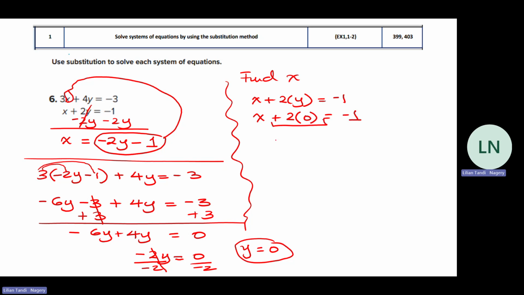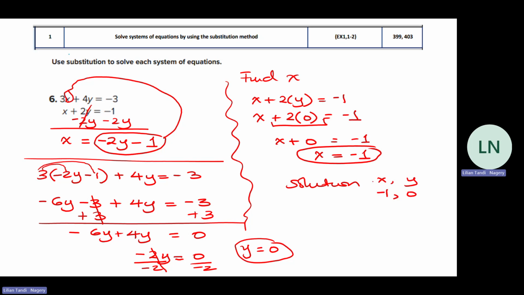This becomes 0. X plus 0 is negative 1. X is negative 1. Then you write the solution: x comma y, negative 1, 0. And you box your answer.